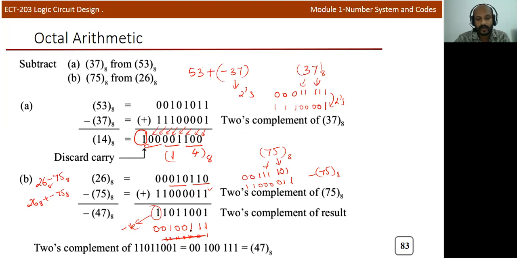So instead of calculating the decimal value, we need to write the octal equal. So we need to group as a 3. So 3, here also 3. Okay. So you can see that this is equivalent for 7 in octal. This is 4 in octal. This is 0. So 4, 7 in 8. But already we identified the result is negative. So we can write minus 4, 7 base 8. Okay.